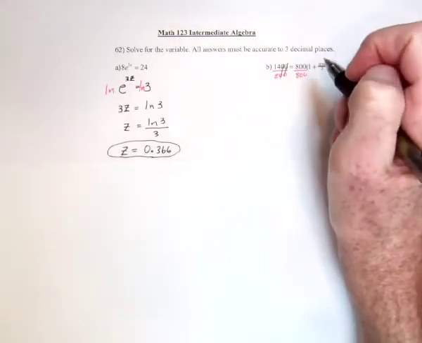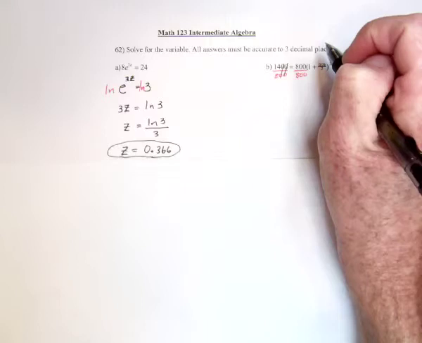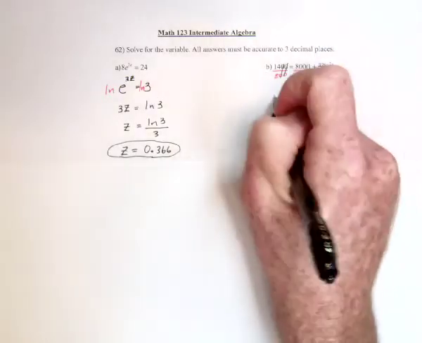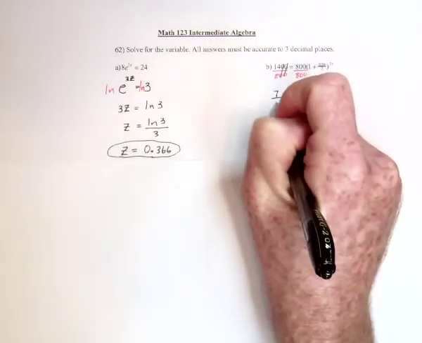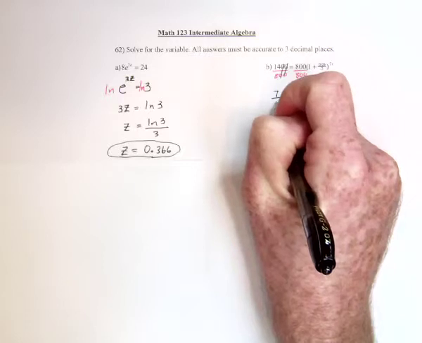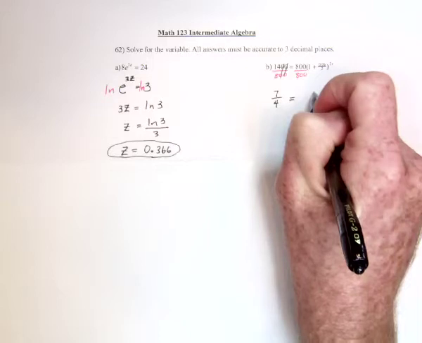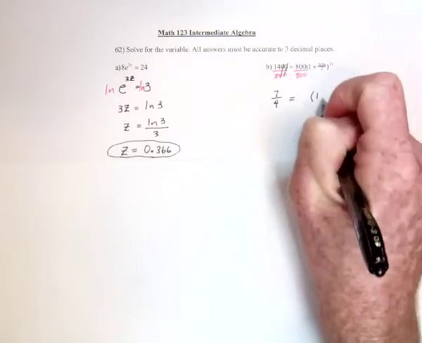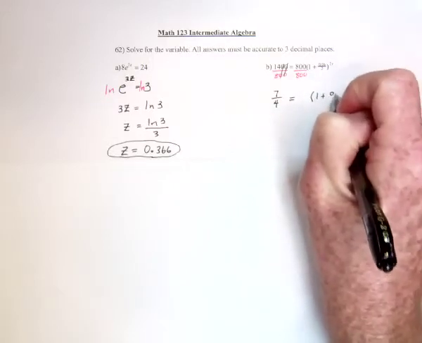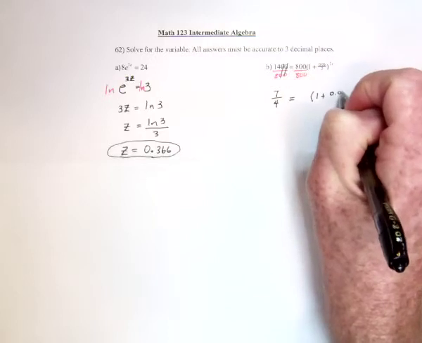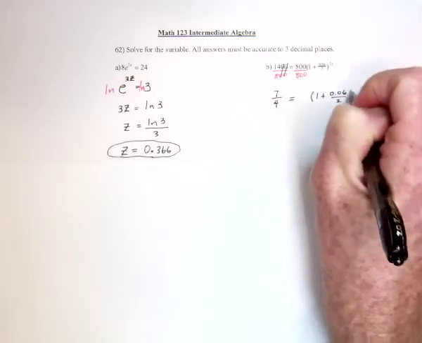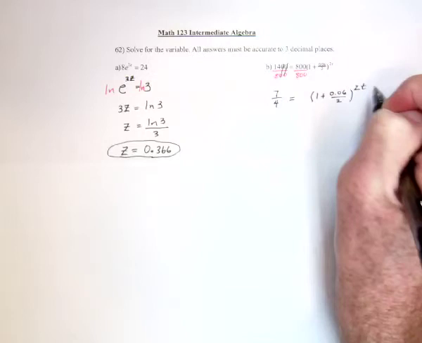The hundreds will cancel, and then an 18 and an 8 are both even, so divide by 2 and divide by 2. And then this part, leave it exactly as it is. Don't get a decimal estimate for this. Just leave it as it is. We'll type the whole thing in the calculator in a moment and get the most accurate answer possible.